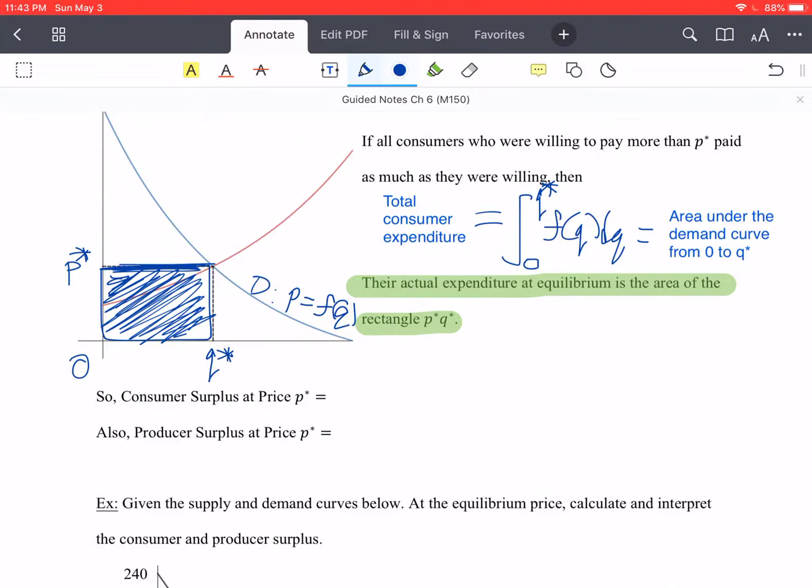This whole thing is the total expenditure. So the consumer surplus, the amount that they're saving by spending here at equilibrium instead of spending up at higher prices, that saved amount is going to be this area right up here.